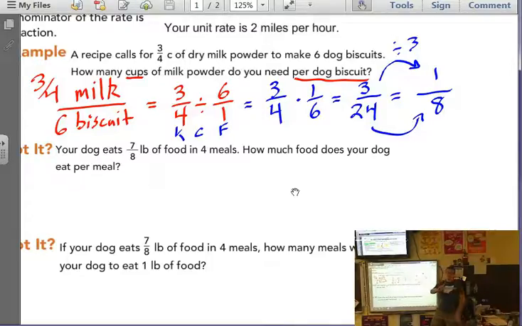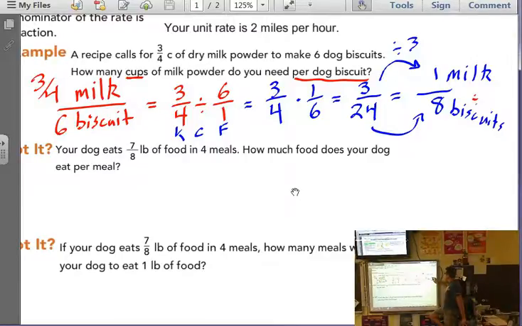Mathematically, this is 1 cup of milk will make 8 biscuits. So to technically make this denominator a 1, how do I turn 8 into a 1? Monica? You divide by 8 and it equals 0.125 over 1.